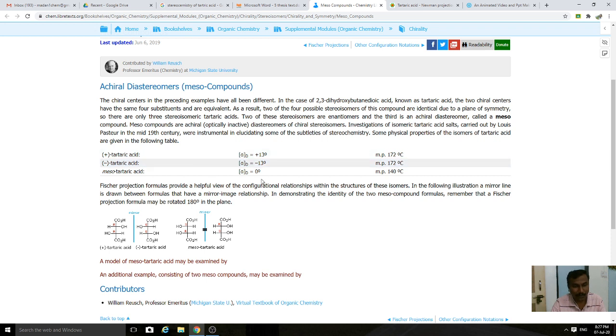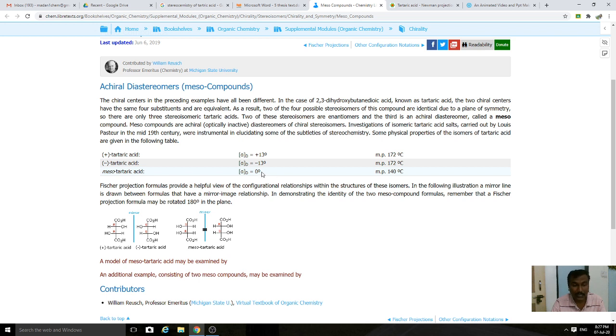When we compare with mesotartaric acid, it has a specific angle of rotation of 0 degrees because it is an achiral compound. It does not rotate the plane of polarized light in either direction, clockwise or anti-clockwise.